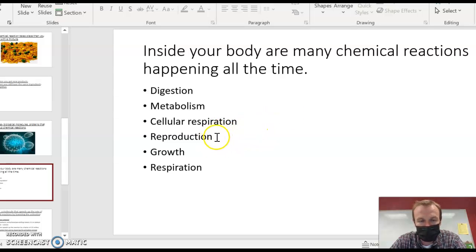Well, your body is constantly producing hormones, and there are things happening in that department even if you aren't actively reproducing. Of course, you're growing. That's a big one for you guys. And respiration. Now, here we're not talking about cellular respiration, but the actual respiration process of oxygen entering the bloodstream.